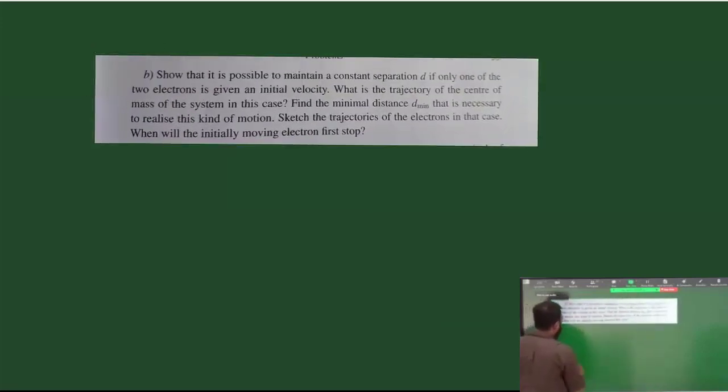He said, show that, now we will start from scratch, it is again possible to maintain a constant separation if we give one electron a velocity and do not throw the other at all. Still it is possible to maintain a constant separation D. This is something that we have to prove.